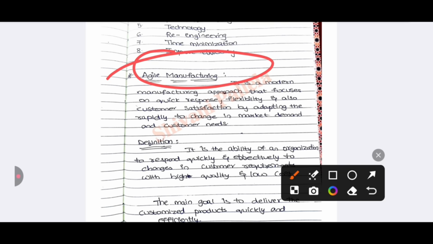Second concept, agile manufacturing. If they are asking, you can write the same points. First you need to understand what is meant by agile manufacturing. Technology is increasing rapidly, and by tomorrow some or other product is trending. With the help of agile manufacturing you can meet that technology.